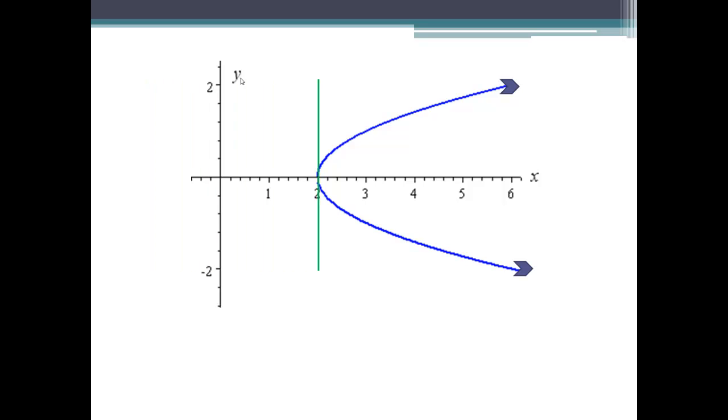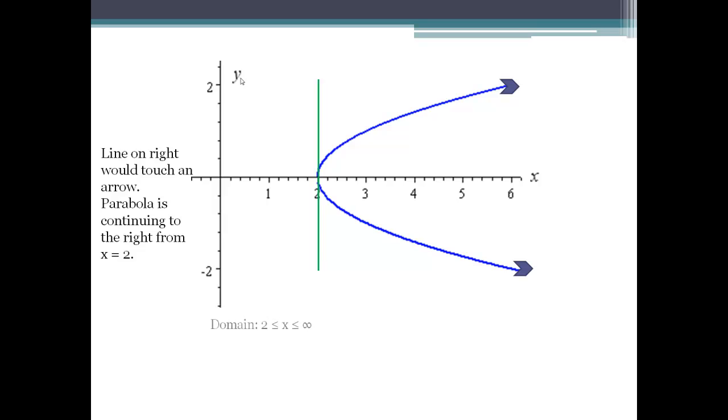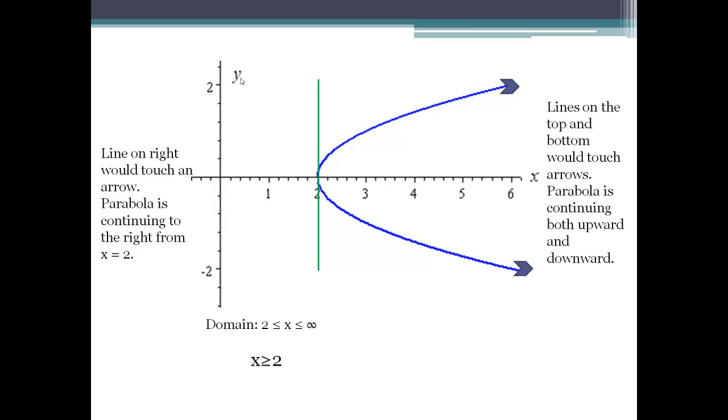Your domain should go from 2 to positive infinity, which would be all x values greater than or equal to 2. You should have noticed that your range would continue both upward and downward. So that means that our range is from negative infinity to infinity, all real numbers.